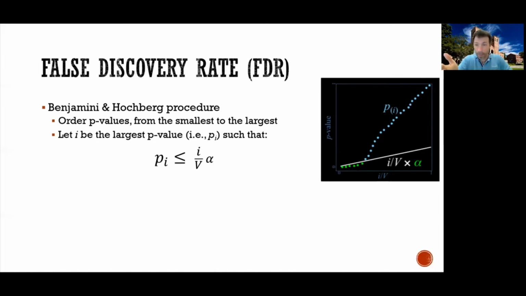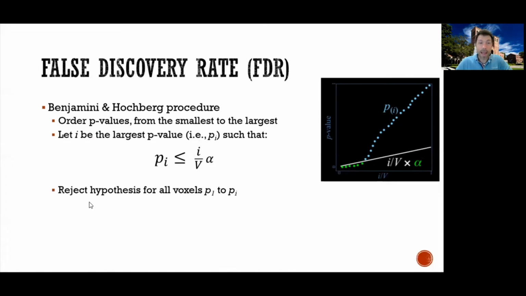Now, how do we determine which voxels are significant in FDR? Very simple. We take the first i voxels, so in this case, 1, 2, 3, 4, 5, 6, such that the p-value of the last voxel that I call significant, the sixth in our case, is smaller than the number of voxels that I'm declaring significant, 6, divided by all the voxels that I have, 100,000, times alpha.